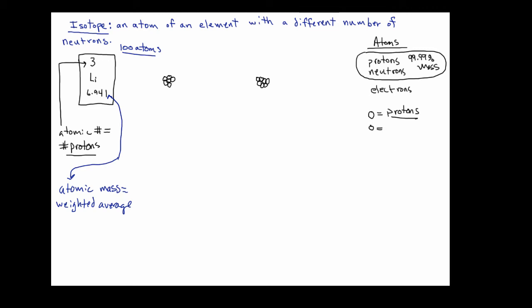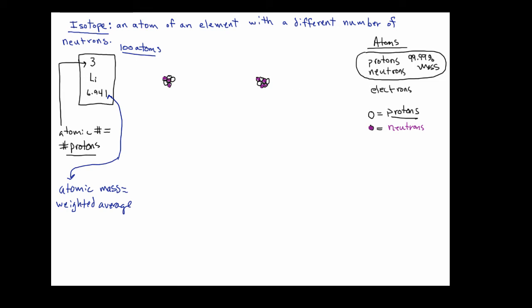And the other one that we're going to go ahead and fill the sphere up, and these represent neutrons. So we're going to see in this sample of 100 lithium atoms that the 2 types can have different numbers of neutrons. This is in fact the definition of an isotope. So for this one here, I'm going to go ahead and fill in 3 of them. And this one over here, we're going to fill in 4 of them.